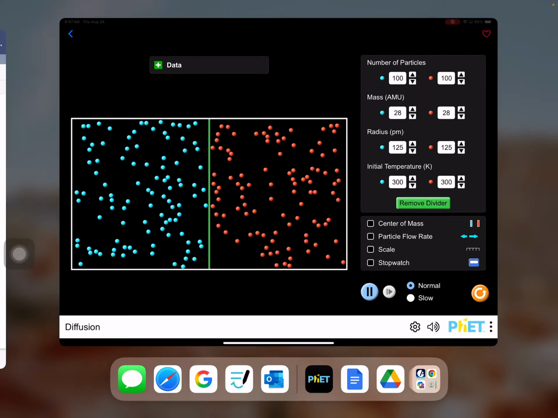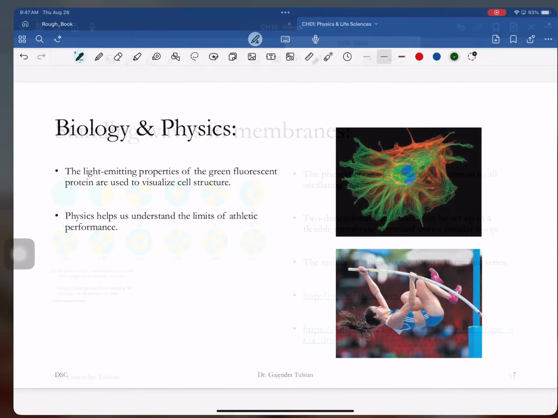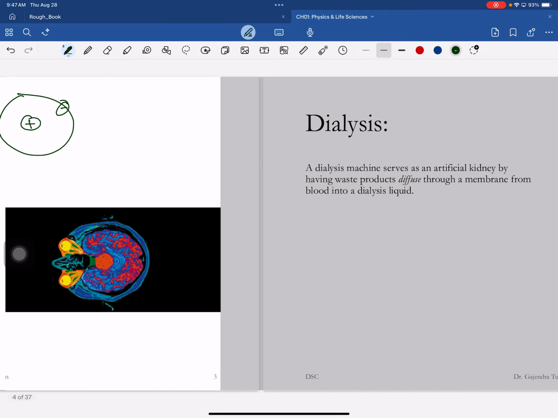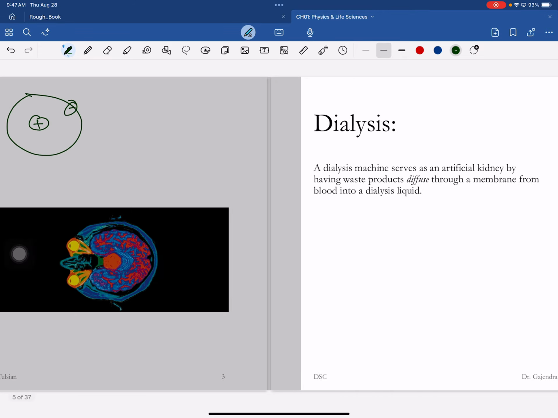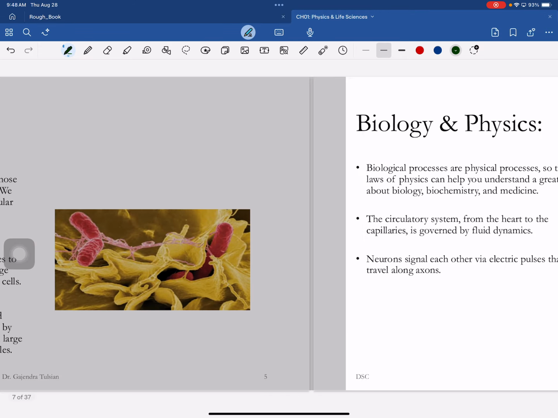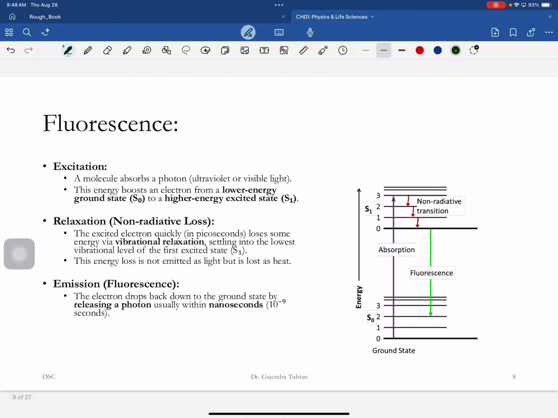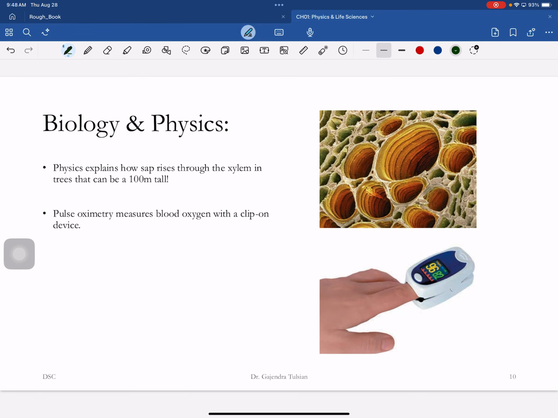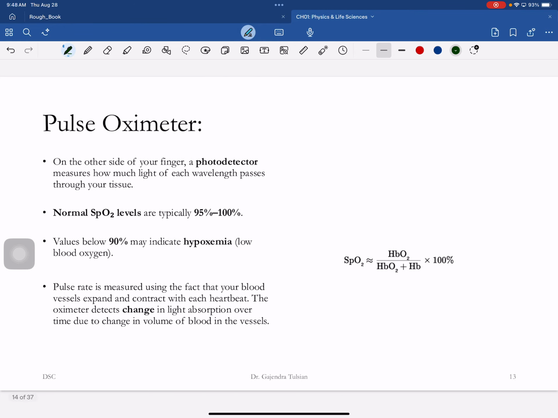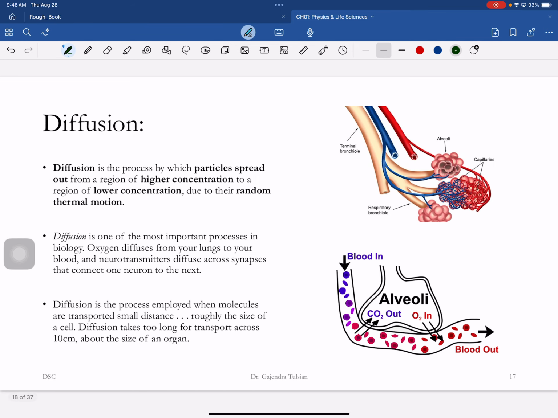Okay, so let me show you a picture. So you breathe in air, and there are these tiny sacs, the alveoli, and oxygen from the alveoli gets into the blood.